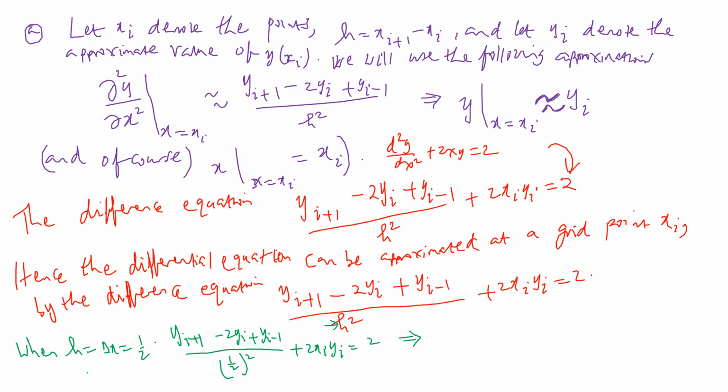So now at this point, the half squared in the denominator is going to produce a 4. From which you're able to get 4yi plus 1 minus 8yi plus 4.